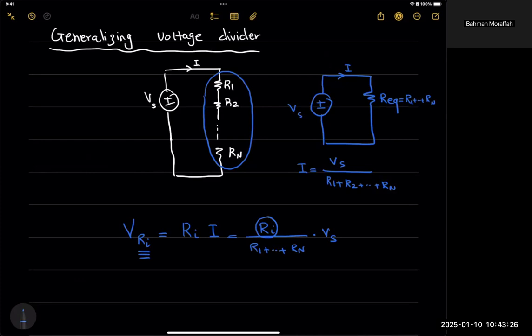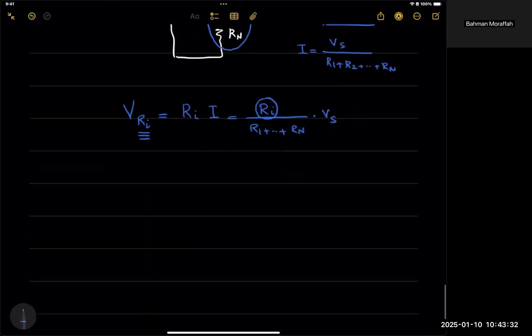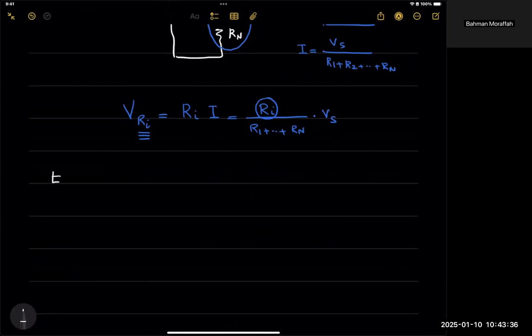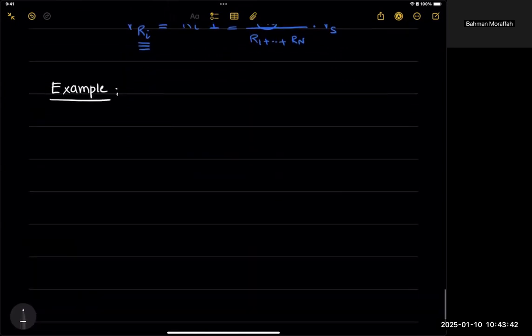We can even make this a little bit more generalized. So let's make it one step more generalized. This is basically the most generalized voltage divider circuit that you can get.